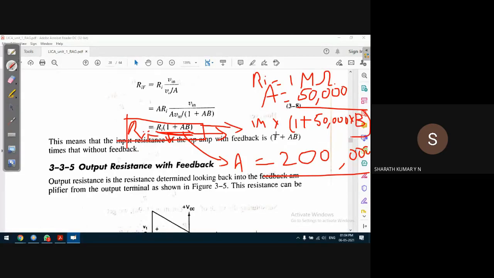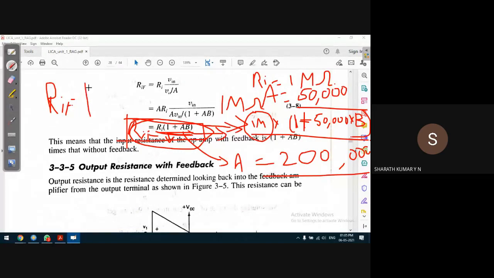Definitely this is bigger than 1 mega ohm. The conclusion from this derivation is that with negative feedback, input impedance increases. That is represented as RiF, the effective input impedance.